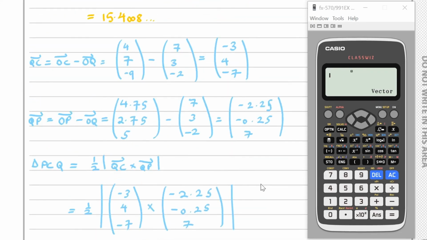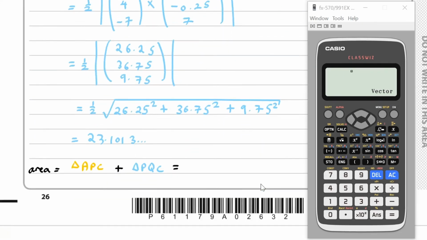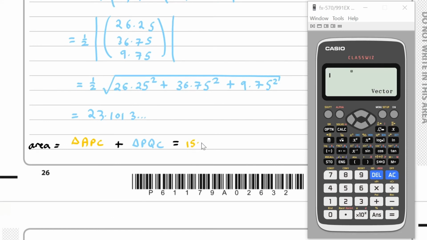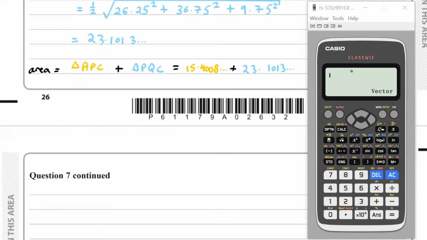So we have that area, which was 15.4008, etc., and then we have this 23.1013, etc. If we add those together, so A plus B, that's equal to 38.502, etc. So we have 38.5 to 3 significant figures, and don't forget, state the units.